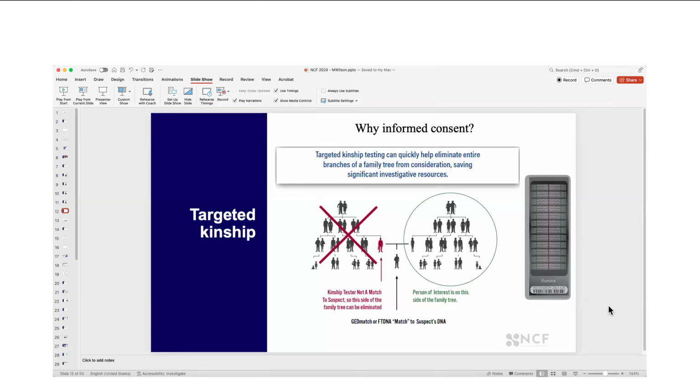And either way, that gives the investigative genetic genealogist more information to go on and more resolution of the tree. So targeted kinship testing is very important. And it usually means that the investigators are getting pretty close.